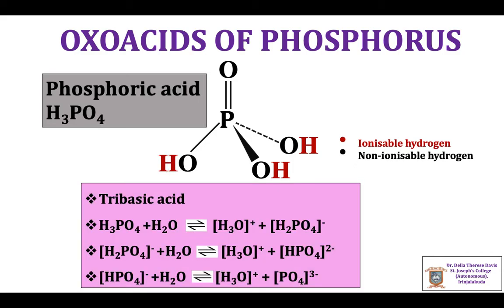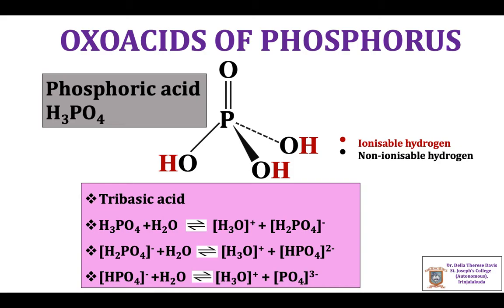Next is phosphoric acid, H3PO4, which is a tribasic acid. That is, the acid contains three ionizable hydrogens. H3PO4 dissociates to give H2PO4-. Then H2PO4- gives HPO4 2-.